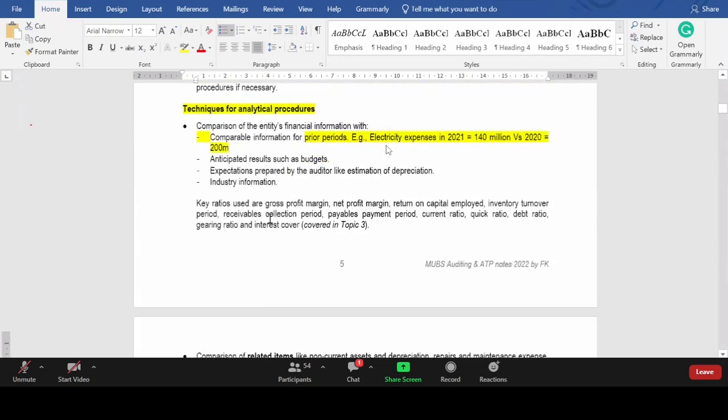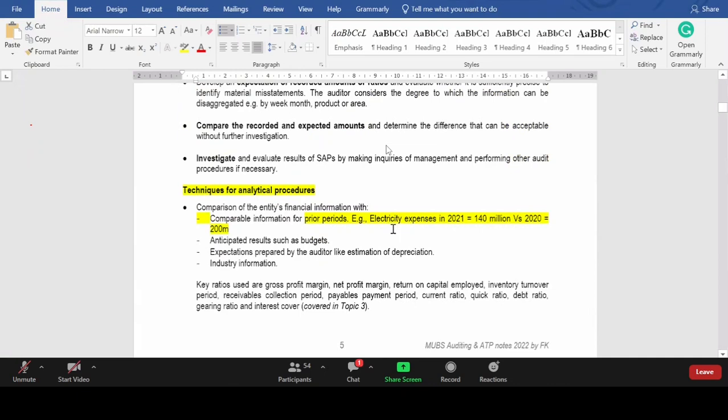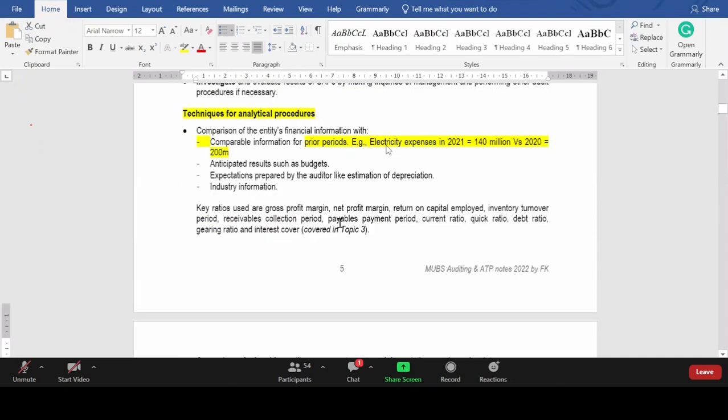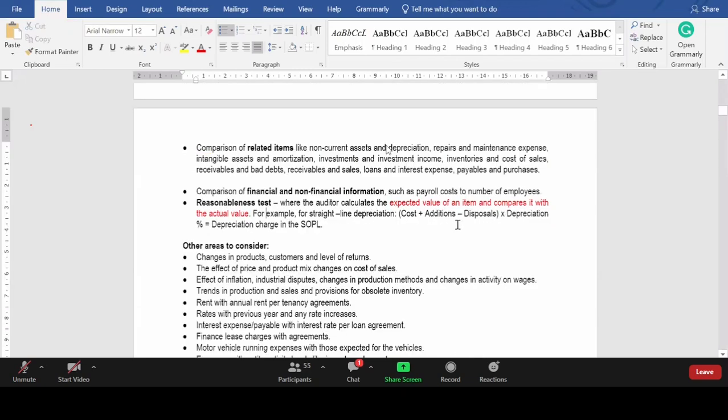For example, reasonableness tests, here I've given the example of the straight line method of depreciation. It is supposed to be cost minus disposals times the rate of depreciation, you get it. So you go in the statement of profit or loss and find out, have they really done it like that? Or they have done something different?